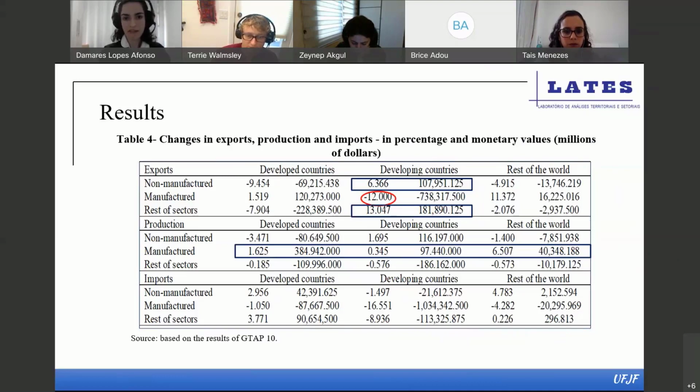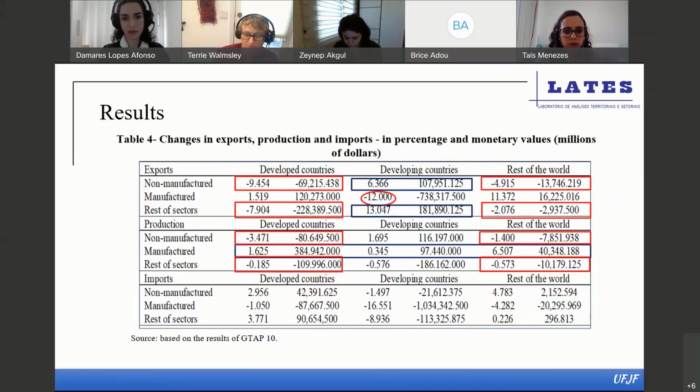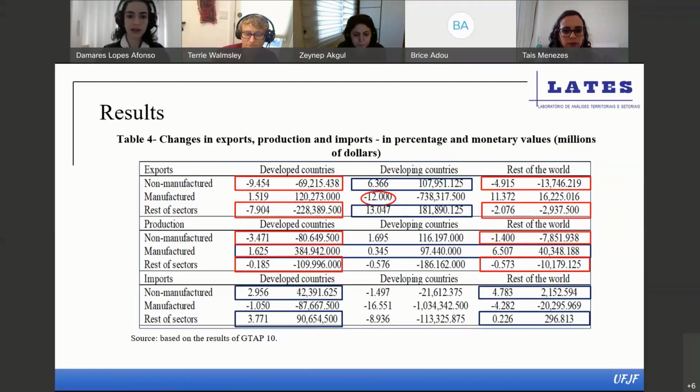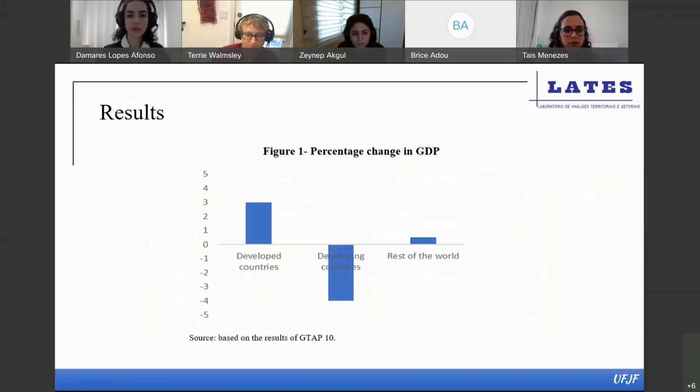On the other hand, developed countries and the rest of the world presented a drop in their non-manufactured exports and production in the rest of the sector, and raised their imports in these same sectors. The variation in exports, imports, and production had an impact on GDP of the regions, which was negative only for developing countries, around 4%.